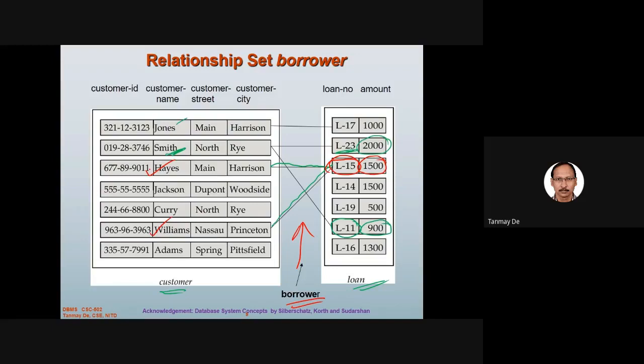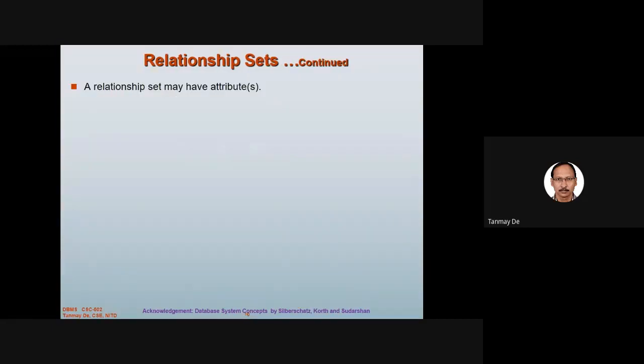For that, we give the name borrower. Both depositor and borrower, on this page, have no descriptive or additional attributes. But it is also possible for a relationship set to have some descriptive attributes.